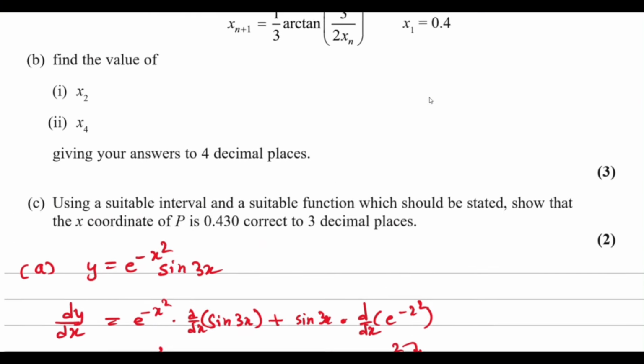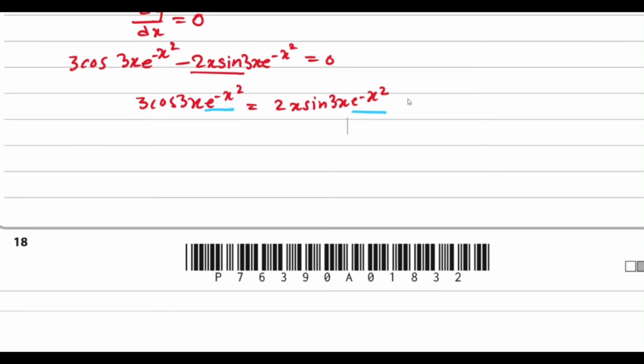So we can cancel them out, but we have to first make sure that e to the power of minus x square is greater than 0. If we want to cancel out e to the power of minus x square, we have to make sure that it is greater than 0.